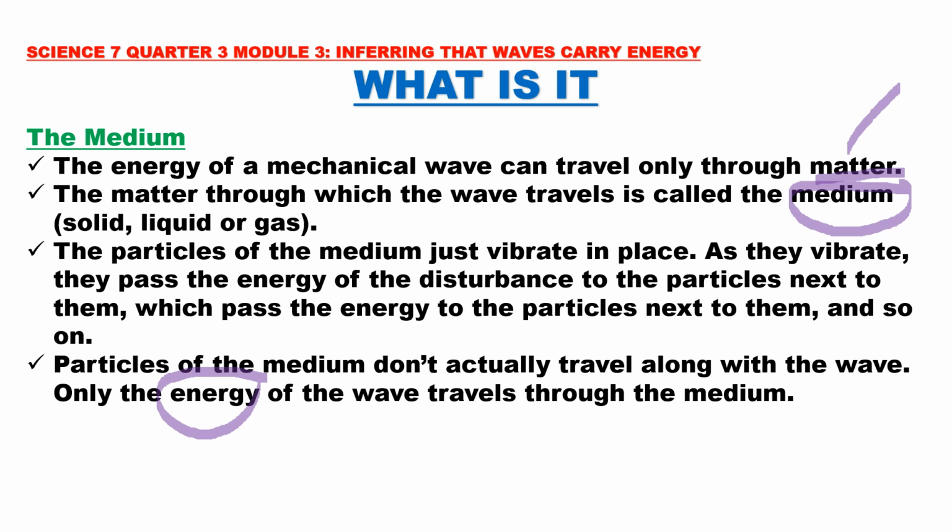Okay? So, kapag halimbawa nagkaroon ng ocean waves, di ba yung ocean, hindi naman nauubos yung tubig sa ocean. Meron pa rin tubig sa ocean. Why? Kasi, yung particles of the medium, yung particles ng tubig, nagbabibrate in place. Tapos, yung energy na meron sila as they vibrate, ay tinatransfer lang nila doon sa particles na katabi nila.